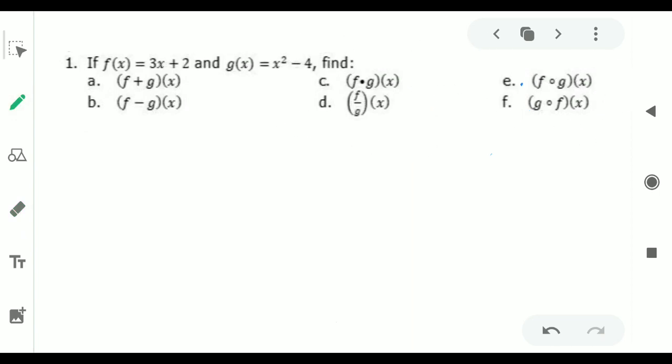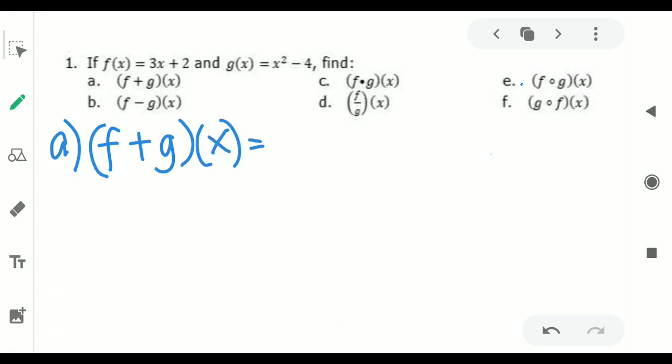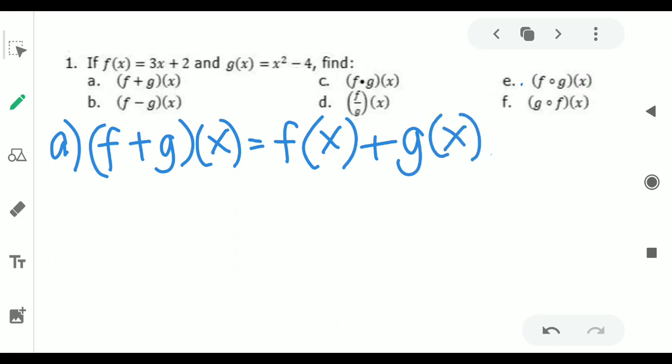Okay, first let's do addition, or that is finding f plus g of x. Now take note, f plus g of x simply means we add f of x plus g of x. Take note, f of x is 3x plus 2, while g of x is x squared minus 4.